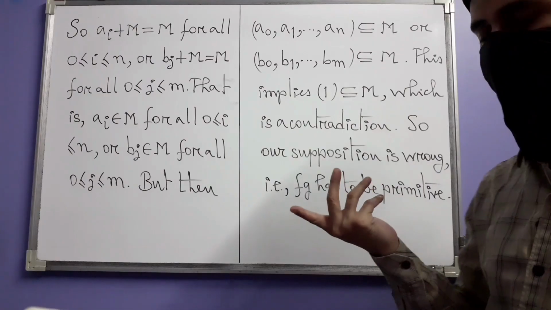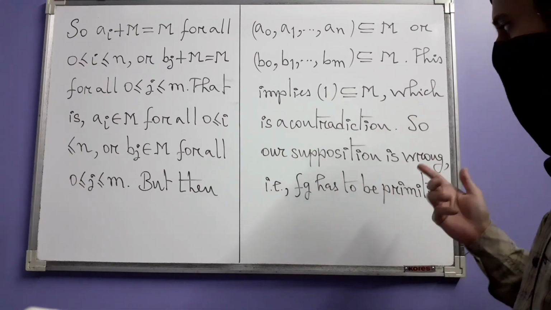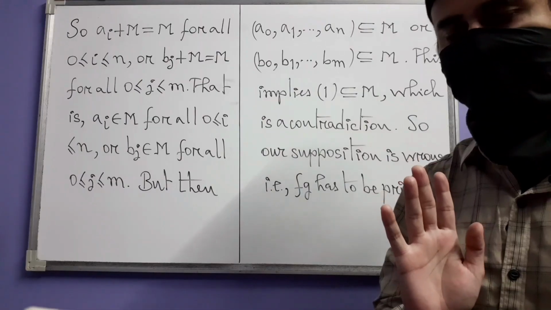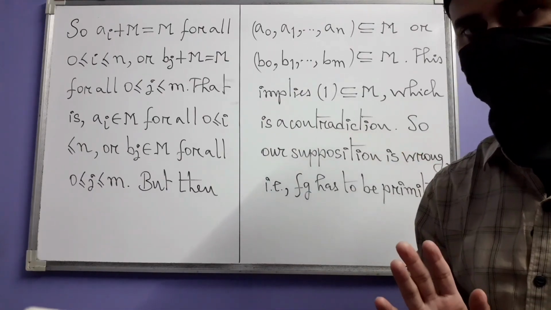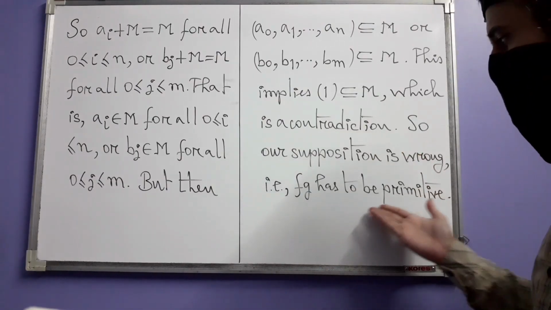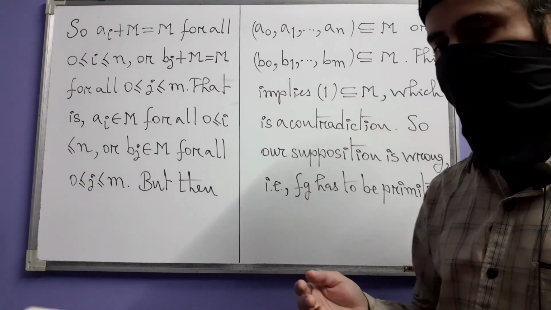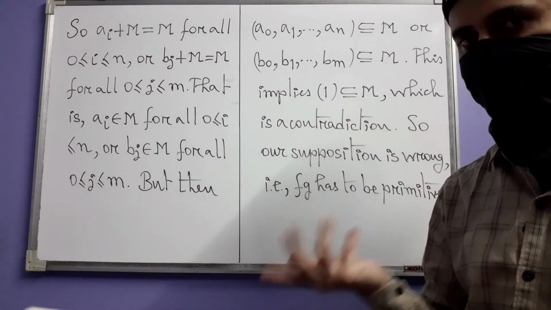So now we have no option, we just have to declare that our supposition is wrong. What was our supposition? That fg is not primitive, and that is why fg has to be primitive. So this completes the solution of exercise 2 actually entirely.